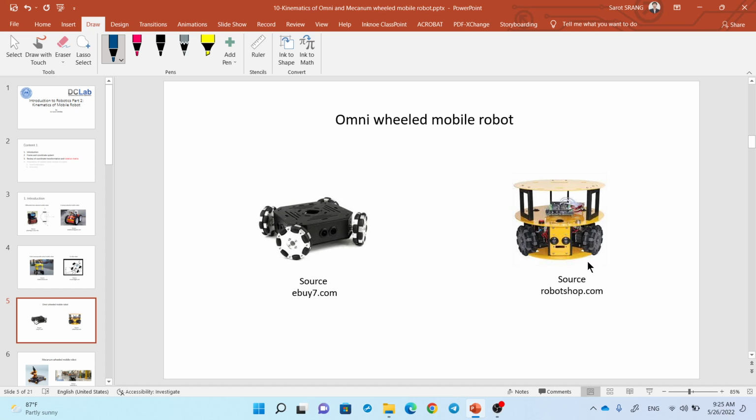So actually you can have multiple wheels as you like, but the arrangement should be something like this. That means the axis of the motor should cross the geometric center of the robot. Looking from the top view, you have the center here, and then the axis of each actuator is like this.